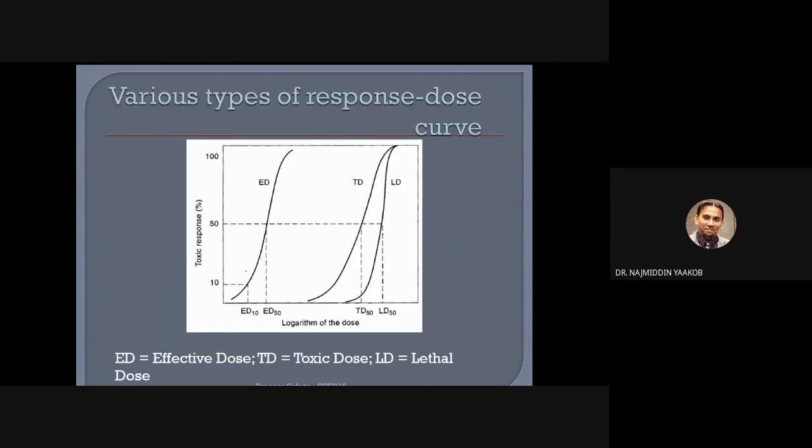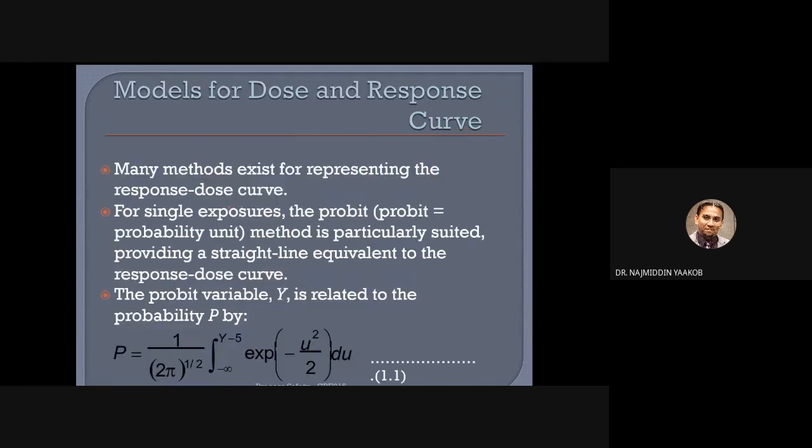So this is an example of various types of response dose curves. For a toxic response, we call it an effective dose if it is a medicine, a toxic dose, and also a lethal dose. There are models for the dose and response curve, but I'm not going to explain the mathematical equation.